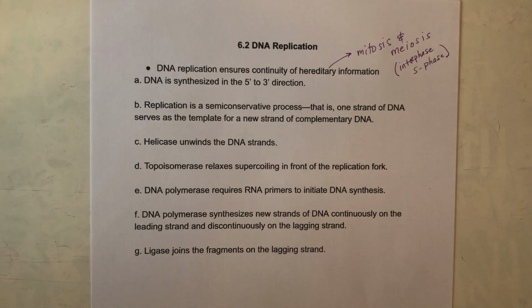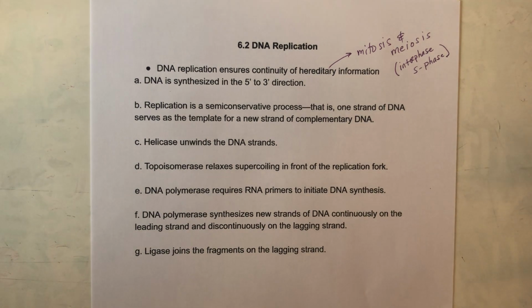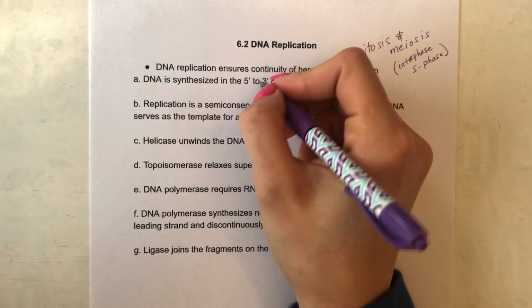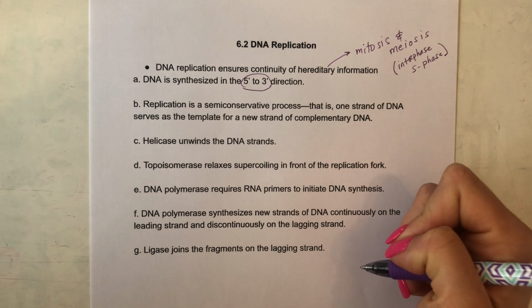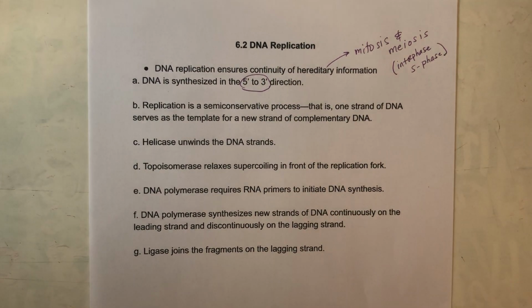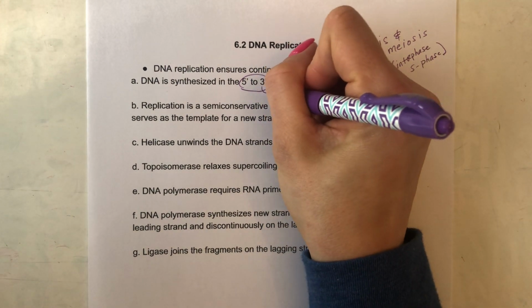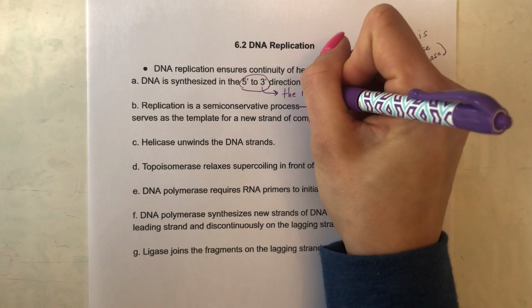If it's the first carbon that you're starting with, or the second, or the third, or the fourth, or the fifth, it's talking about the position of the specific molecules attached to those carbons on that sugar, okay? But what you need to know, specifically for these two numbers here, we're synthesizing, we're building the new DNA molecule in this direction, from the 5' end to the 3' end, in respect to the new strand.